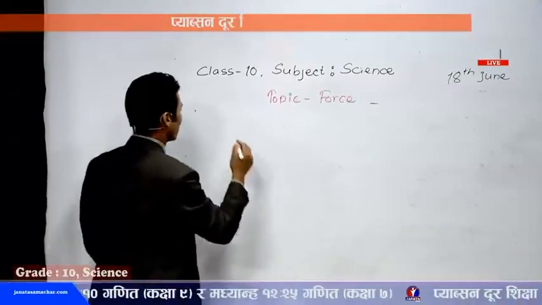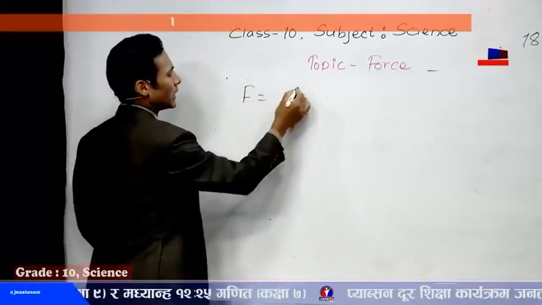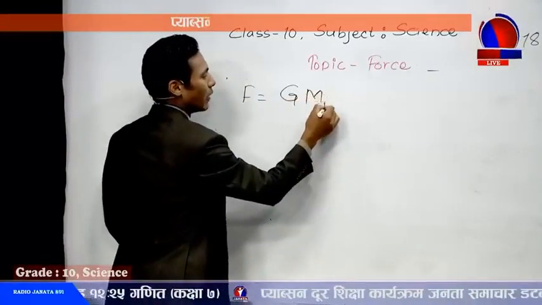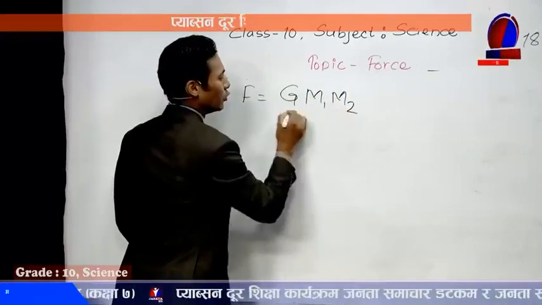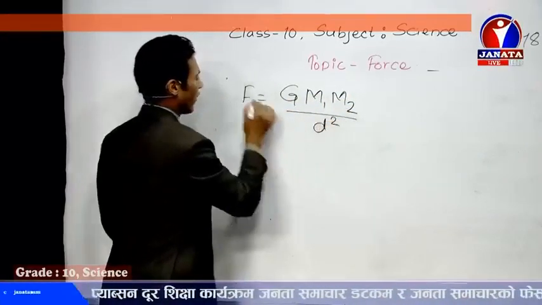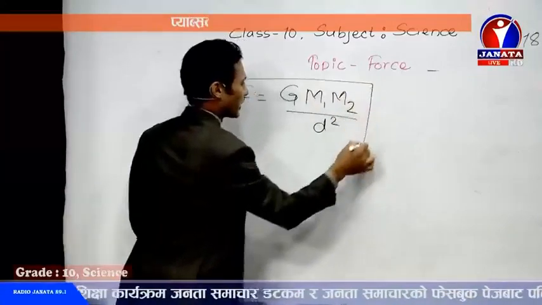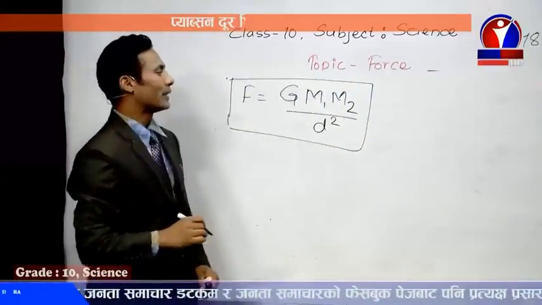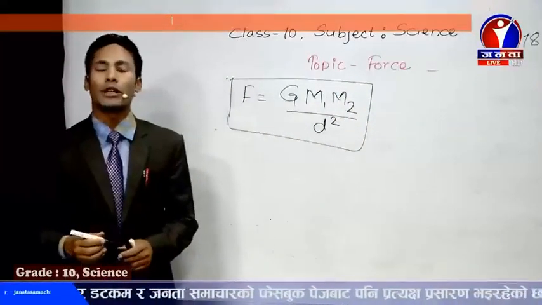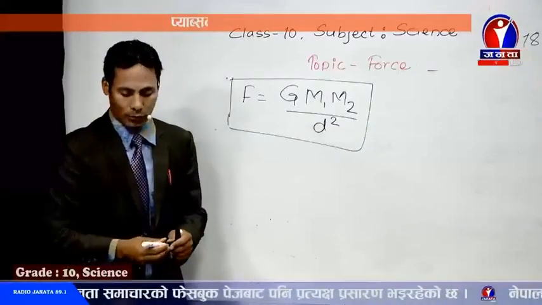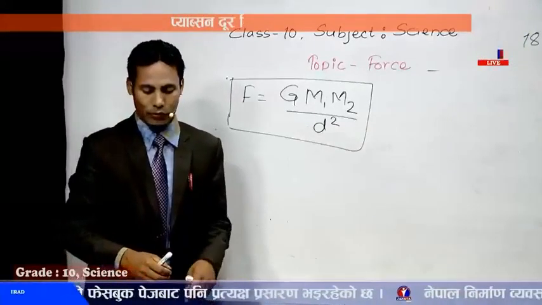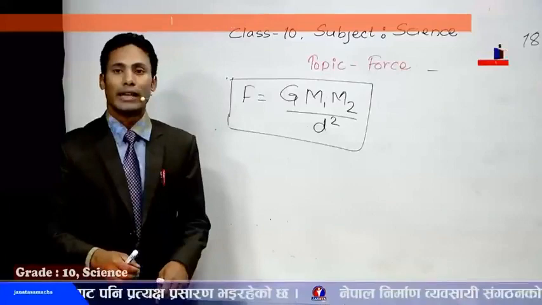What we have derived today is F equals G m1 m2 by d square. Related numerical problems we will also discuss in the next class.